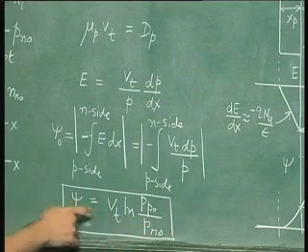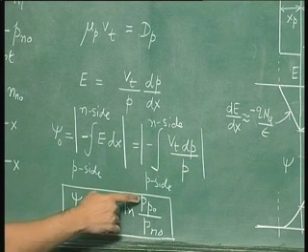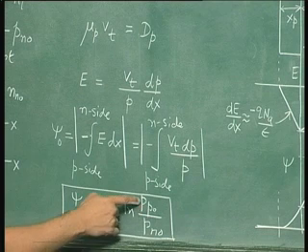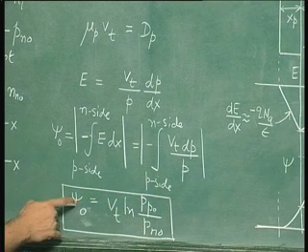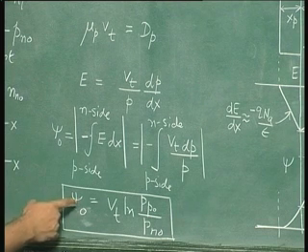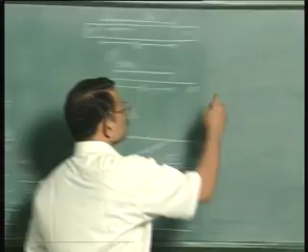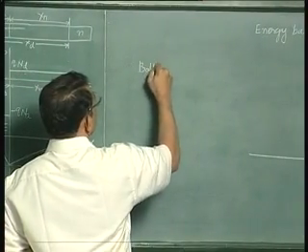This relation is also called the Boltzmann relation, which relates the concentration at any 2 points to the potential difference between the 2 points under equilibrium conditions. In general you can write this equation as follows. So this is the Boltzmann relation.